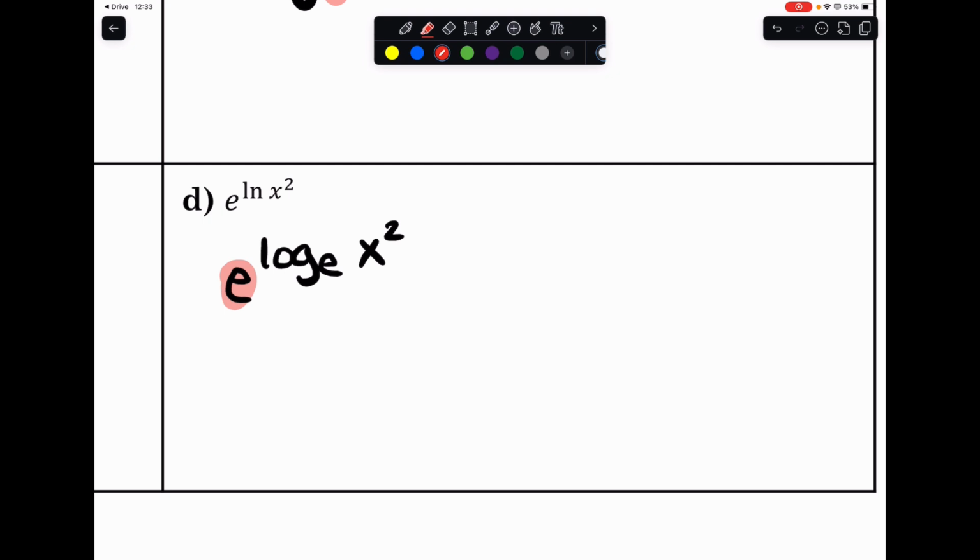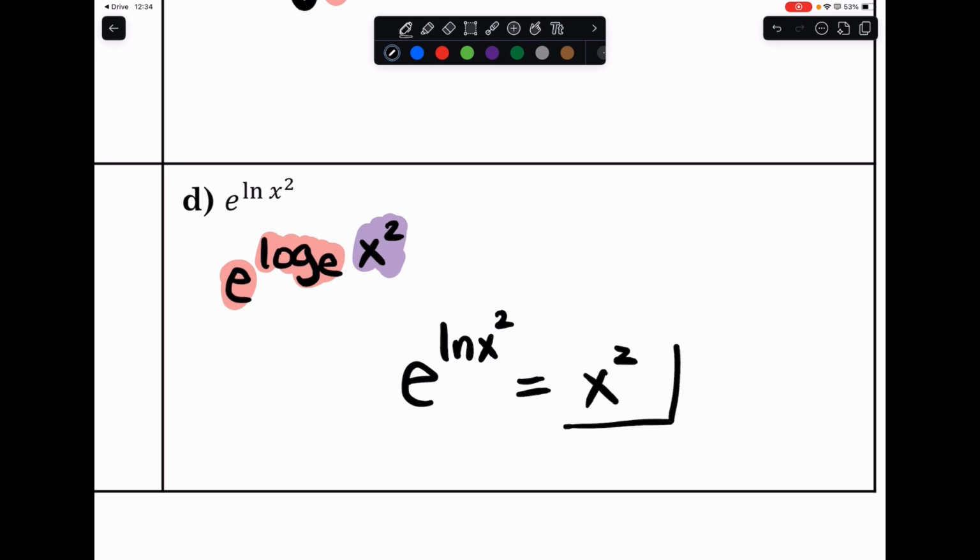Since this is the base to a log with the same base of e, those things are going to cancel each other out, and the only thing that's going to be left is this part right here, which is x to the 2nd power. So e to the natural log of x squared equals only the x squared part. So that is your answer.